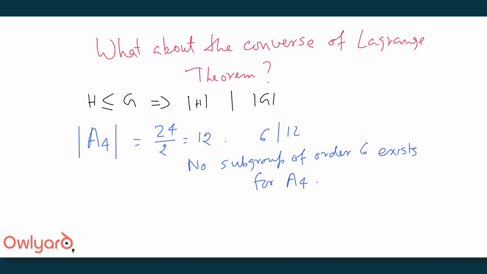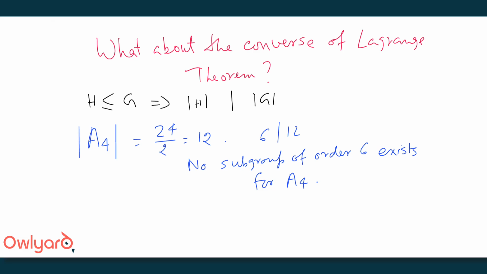Take it as your homework exercise and use the cycle notation and show that. But this is what you will find. You won't be able to see any subgroup of order 6, which essentially says that this is the counterexample, and in general, the converse of Lagrange theorem is not true.